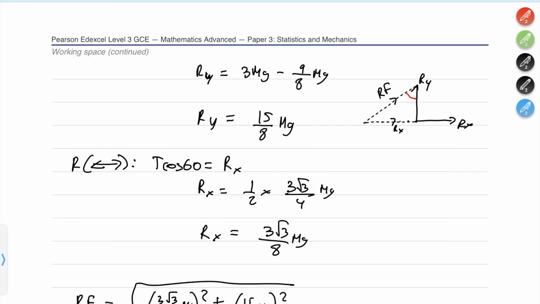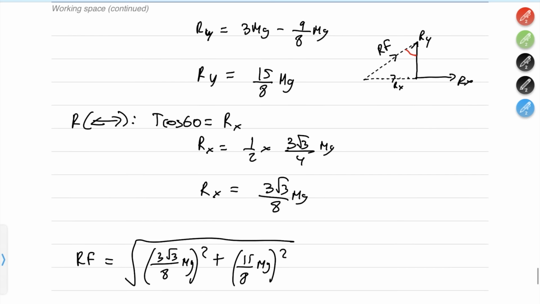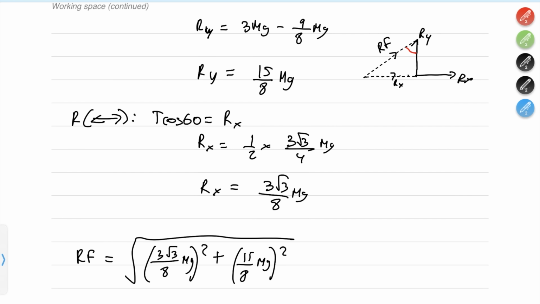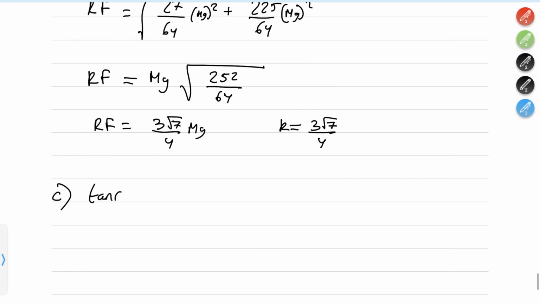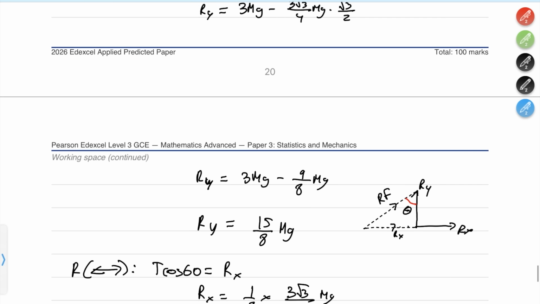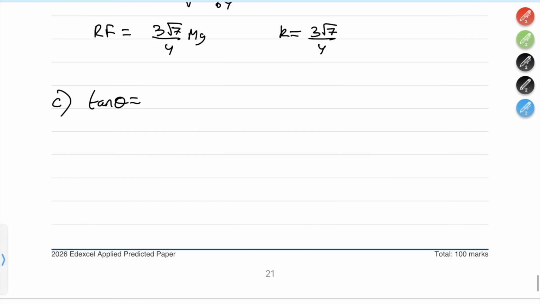So what we can use is tangent. If we label this, I believe they haven't used theta, so we can use theta. So tan theta is going to be Rx over Ry.